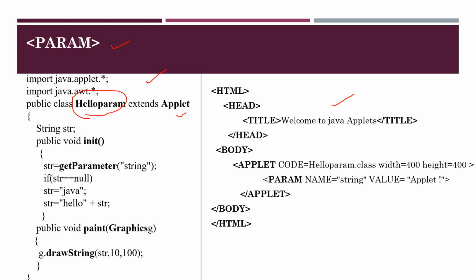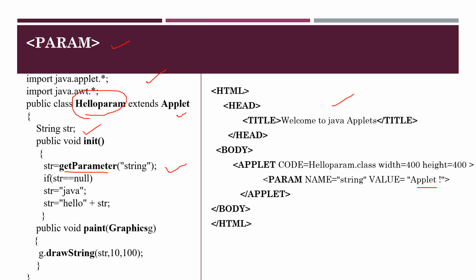We are declaring a string variable. Inside the init method, we use str equal to the getParameter method, and this line fetches the parameter value from the HTML param tag. Here we are specifying the value of the string as applet.